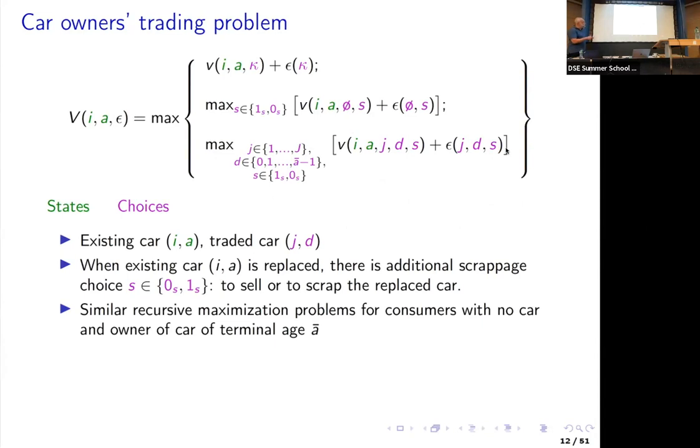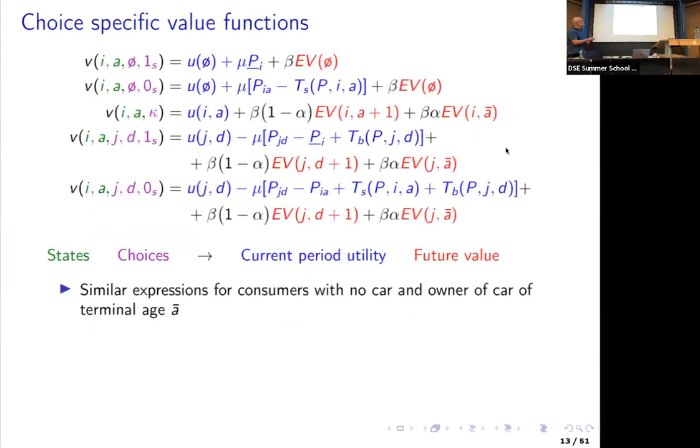Okay, so this is like you wake up in the morning with a car of type A and age H_A, and then you trade in for a car in purple. Here it's just kappa that indexes keep, so that makes your car in the next period the same type but just 1 year older.